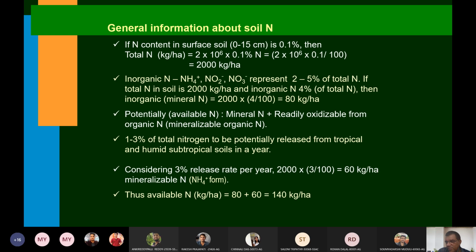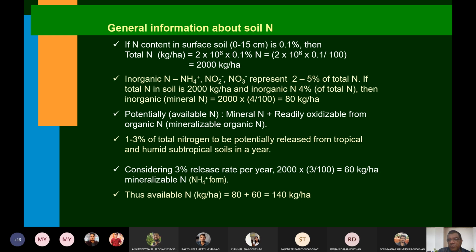Sir, why are we including that potentially released nitrogen? Because when we give a fertilizer recommendation, a nutrient recommendation, we also assume that this much nitrogen will be made available to the crop.